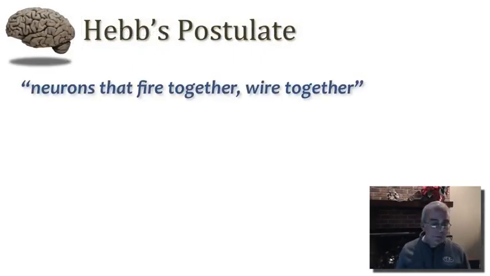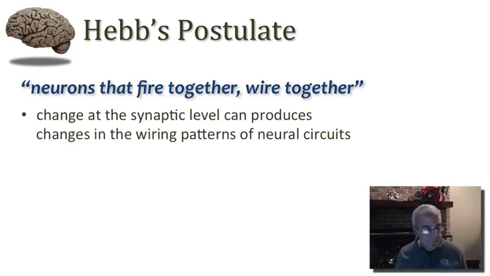Okay, so again, Hebb's postulate is captured by this phrase, neurons that fire together, wire together. And understanding plasticity at this level begins to take us from one synapse to the compounding impact across an entire set of connections that builds up neural circuits and even neural systems.